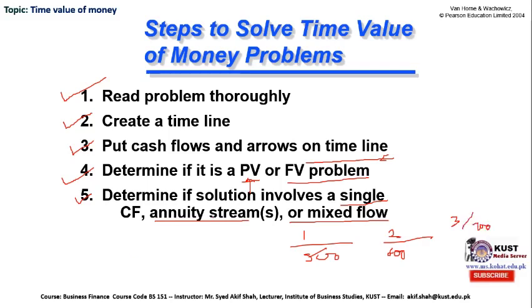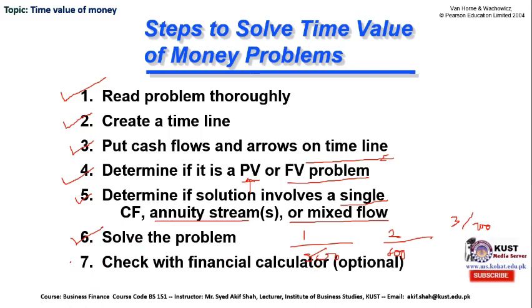Such questions, with cash flows which are different from the previous ones, are known as mixed cash flow questions. Last but not least, after understanding points 1 to 5 clearly and reading the question carefully, you can solve the problem.